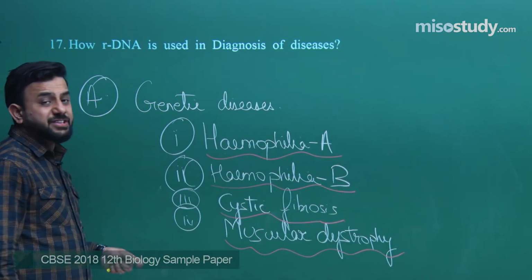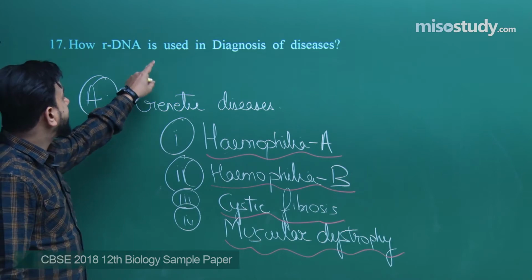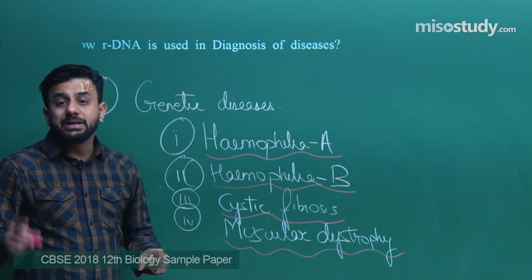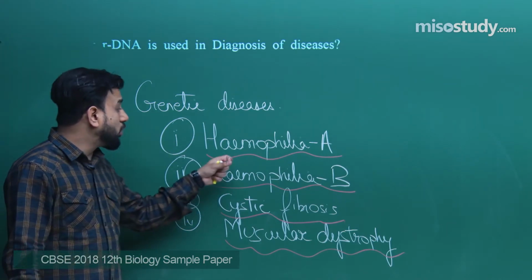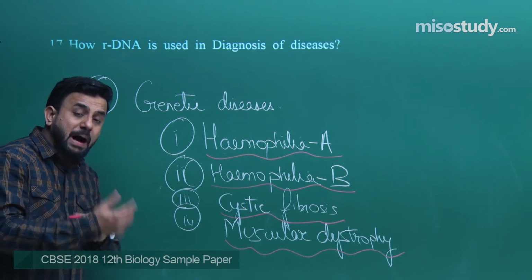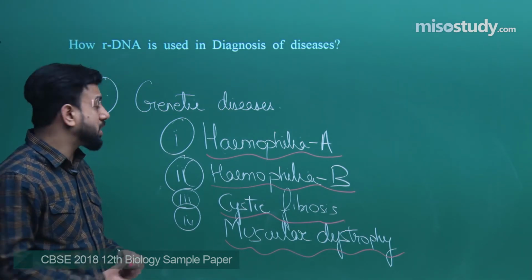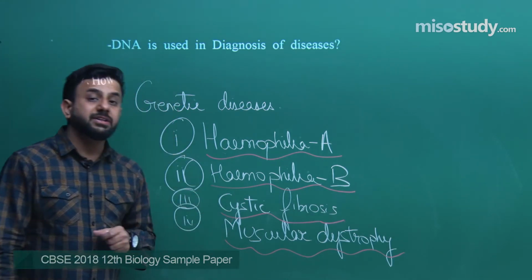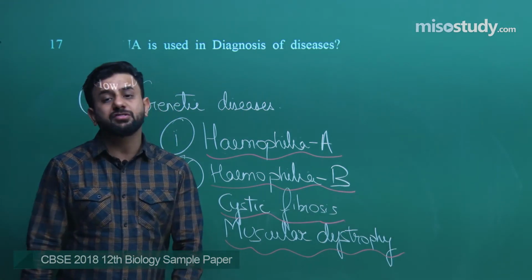So recombinant DNA technology can be used for diagnosing the genetic diseases, which have a genetic inheritance, which pass over from generation to generation. These can be hemophilia A, hemophilia B, cystic fibrosis, and muscular dystrophy.